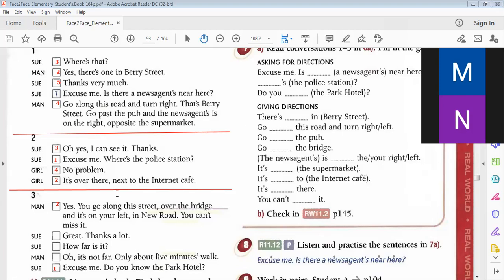How far is it? Okay. Oh, it's not far. Only about 5 minutes walk. Great, thanks a lot. Okay, now let's check your answers. Let's see if these answers are correct. Let's do the listening, and if they're correct, we can practice them together. So let's listen.